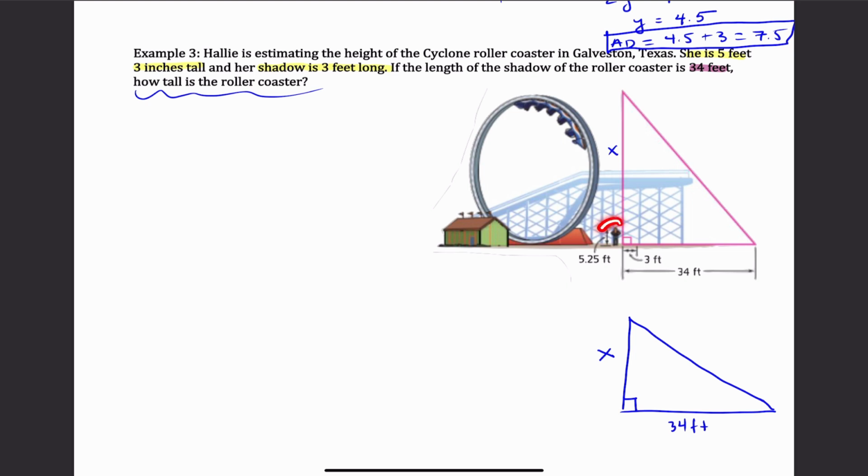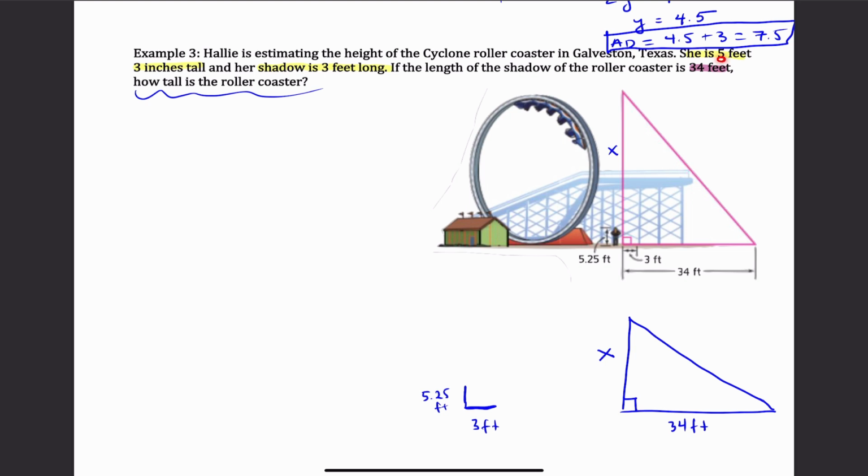And then here's the person that I was referring to. So if the person is standing up this tall, standing up straight, and the shadow is perpendicular to the person, just like so, then the shadow is 3 feet long, and the person is 5.25 feet tall.